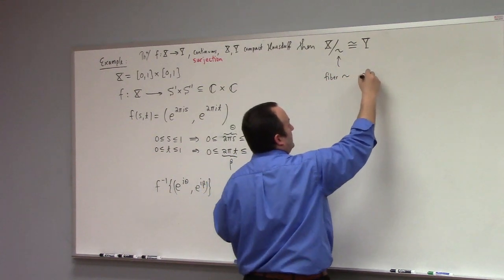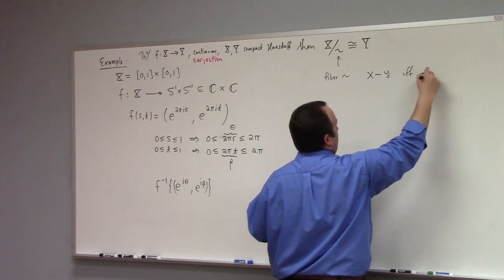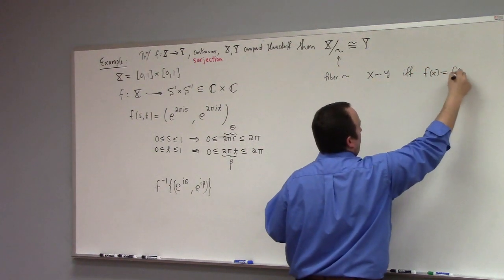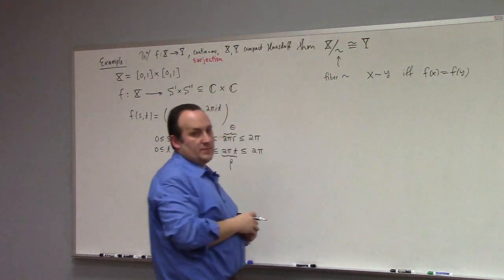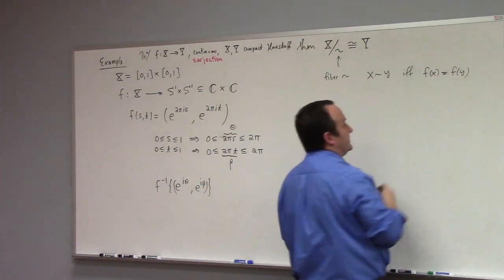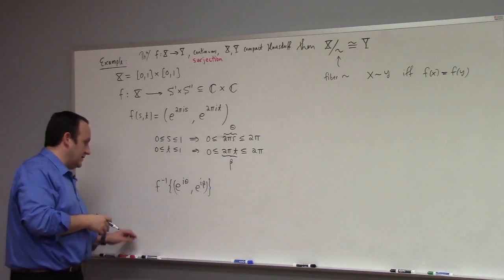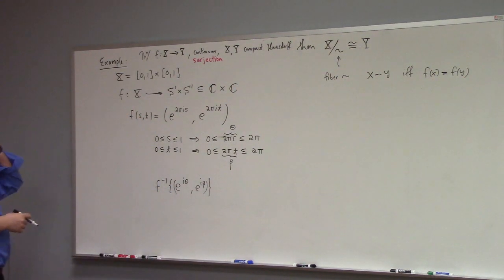In other words, x is equivalent to y if and only if f of x equals f of y. So this is the so-called fiber equivalence that partitions the domain into disjoint sets, and as such that partition can be viewed as the partition afforded by the equivalence relation.